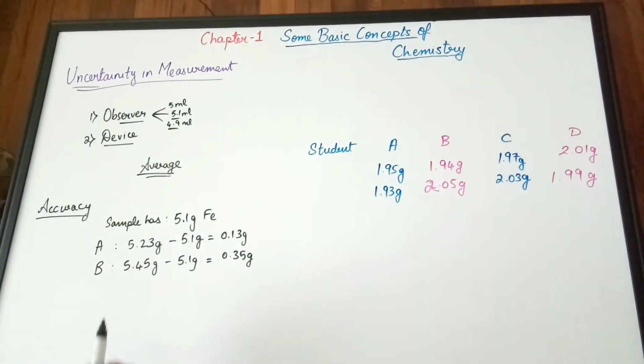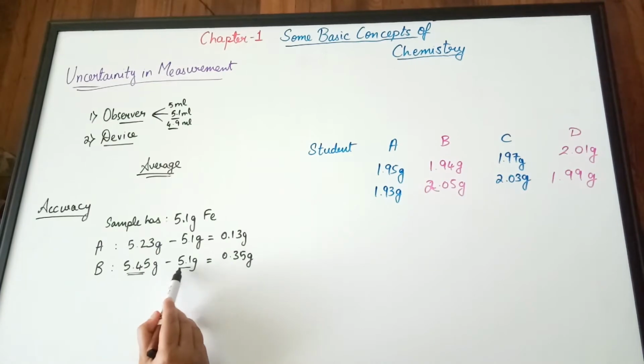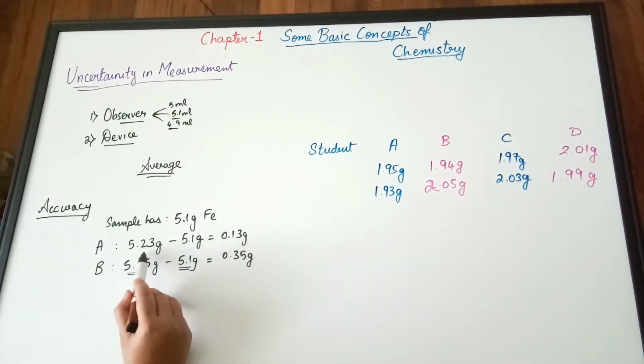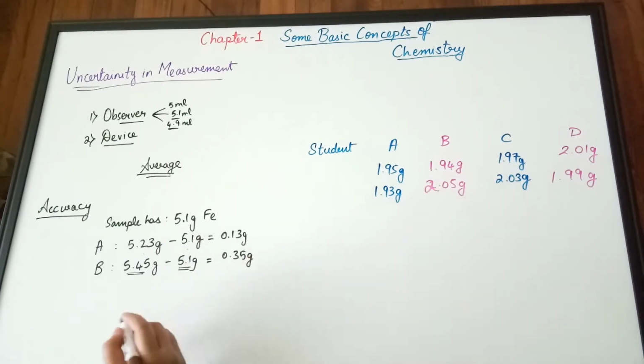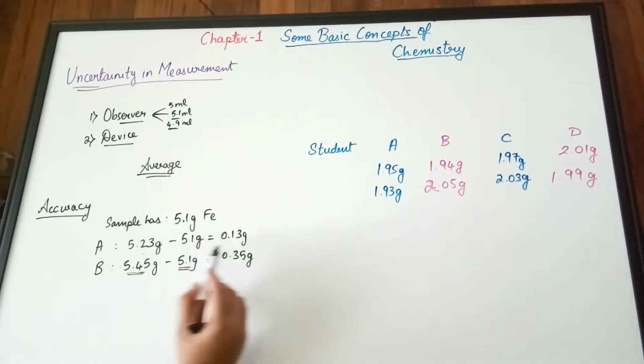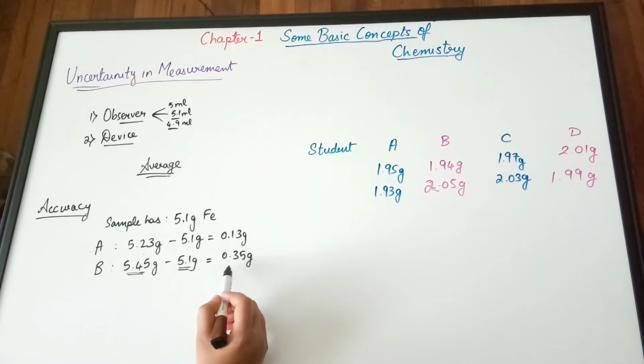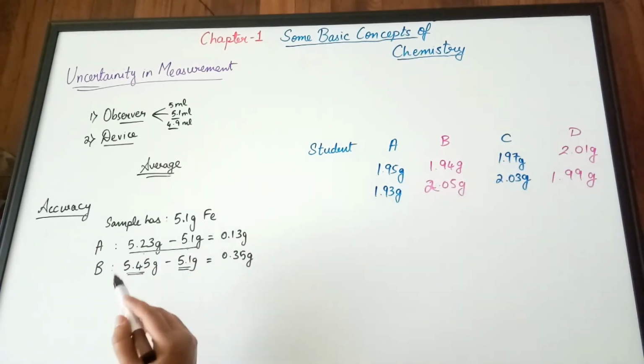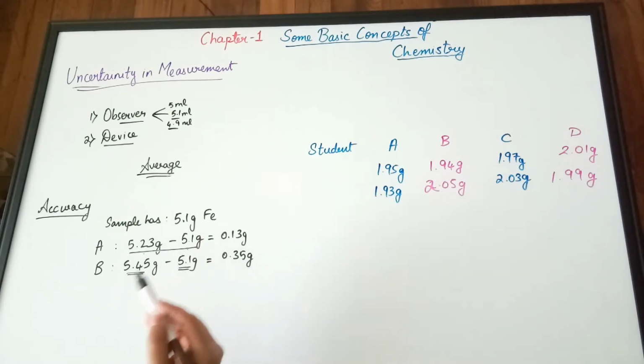So accuracy is the difference between the experimental value and the true value. The less the difference, the higher the accuracy. It's obvious that 0.13 is less than 0.35 grams, so the accuracy of A is higher than the accuracy of B.